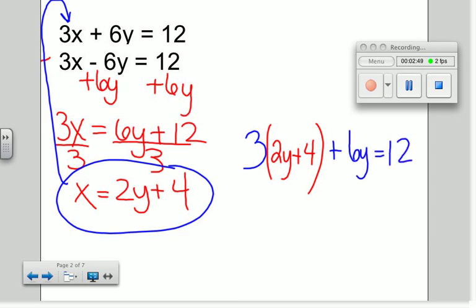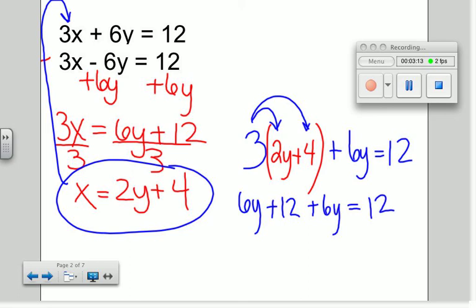And from here I solve it out and find a number value for y. So I have to use my distribution. 3 times 2y is 6y, 3 times 4 is 12, and then plus 6y equals 12.